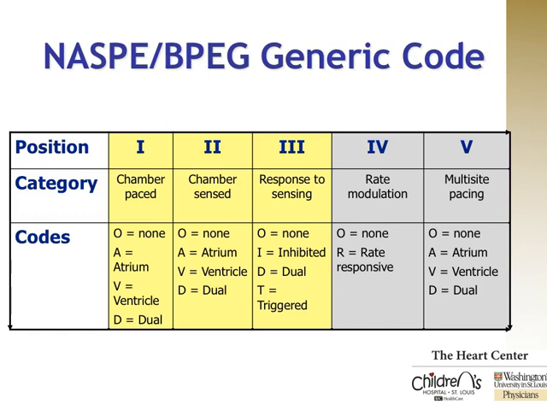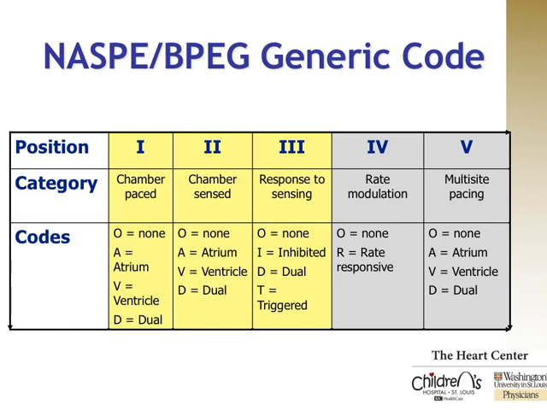And then the third position is what does it do in response to sensing? If it senses a normal P wave, is stimulation of the atrium inhibited? I is the most common letter used in the third position if we're talking single chamber pacing. So AAI would be single atrial pacing with atrial sensing, and the pacemaker is going to be inhibited from firing if it senses a normal P wave.